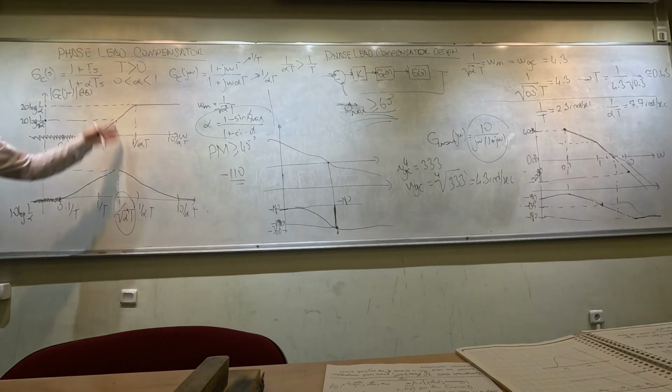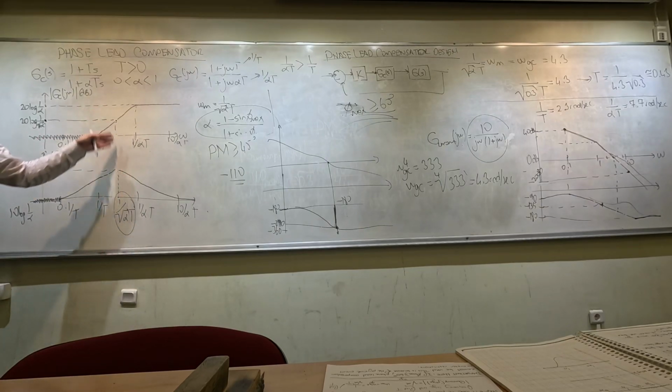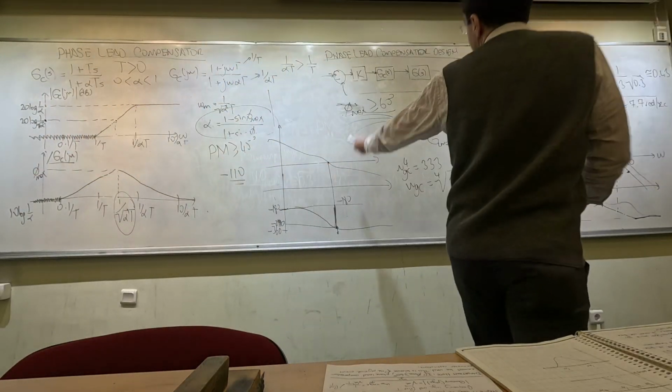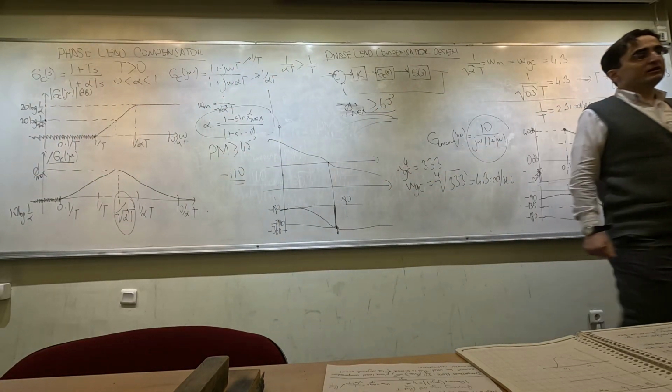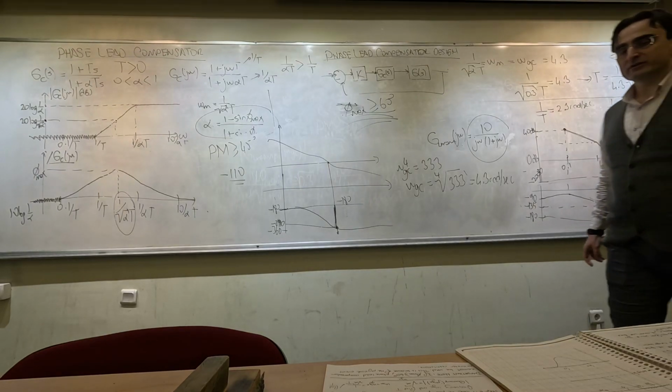Okay? In that case, when you have a match, plotting the Bode plots of the overall compensator is going to be much easier. Okay? So in general, we don't use a single lead compensator if the phi max is larger than or equal to 60 degrees.